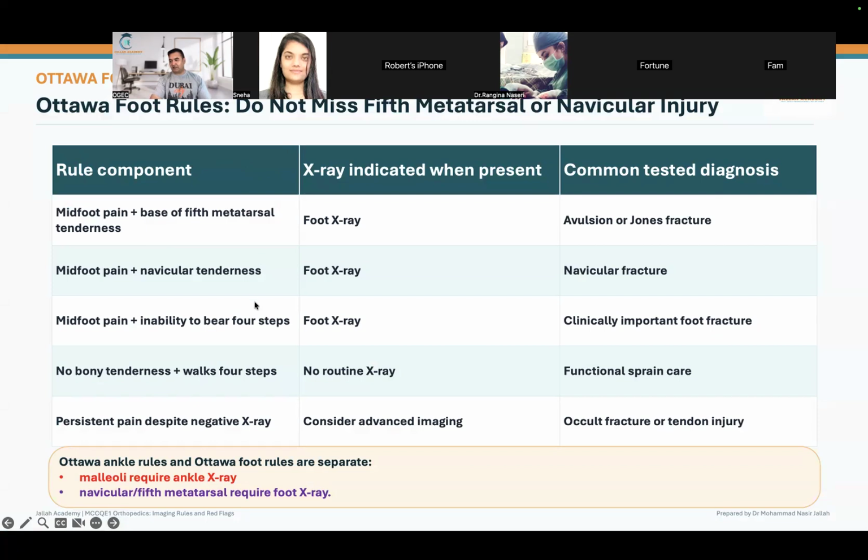Ottawa foot rule, I think we covered this and I showed you in the picture. Ottawa ankle rule and Ottawa foot rule are separate. Malleoli requires ankle X-ray, and navicular or 5th metatarsal requires foot X-ray. Don't get it wrong, please.